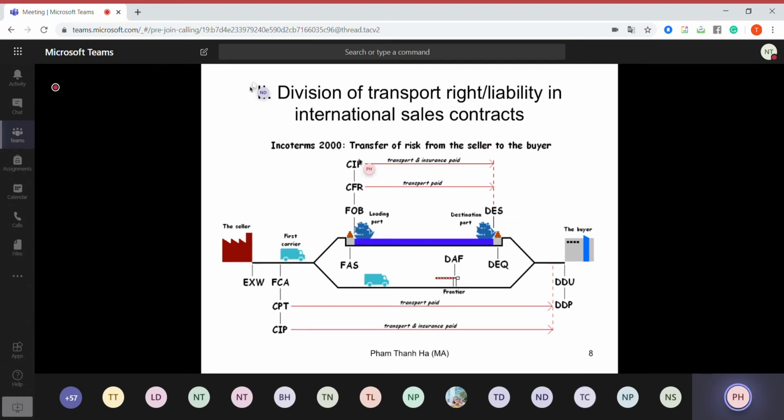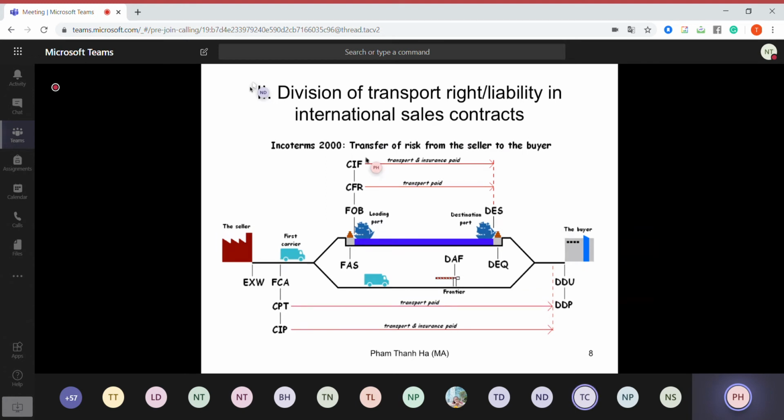For the CIF, because it's only used for maritime transportation, ICC suggested the following. The goods we usually ship by sea are often high in volume but low in value. So if we buy insurance with a higher scope of coverage, like the B clause or A clause, then since the seller is the person who needs to buy the insurance for the CIF, the CIF price that the seller can offer to the buyer would be more expensive.